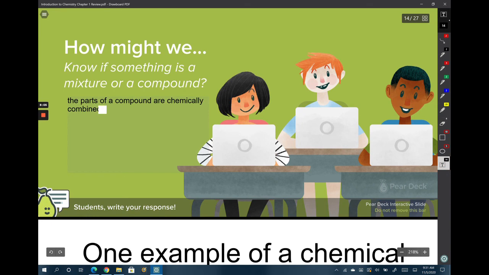The H is chemically combined to the O to make H2O, to make the compound water. Just a mixture, your carrots are not chemically combined to your lettuce in order to make your salad. So the parts of a mixture are not chemically combined, but compounds are.